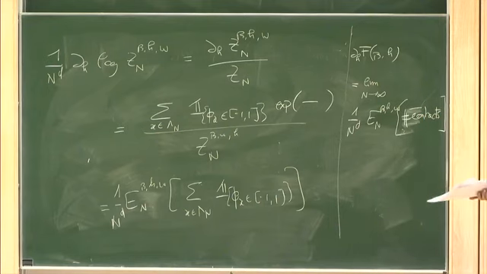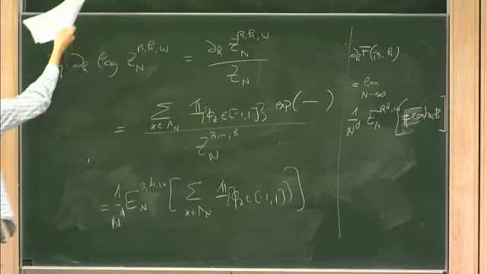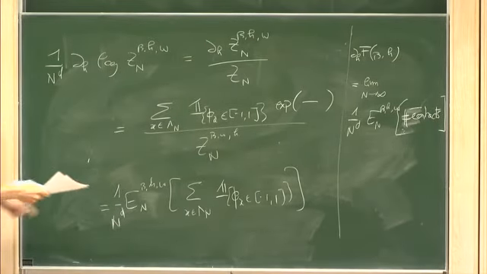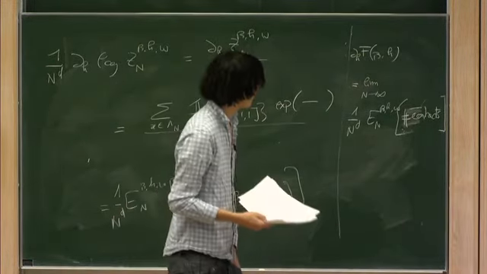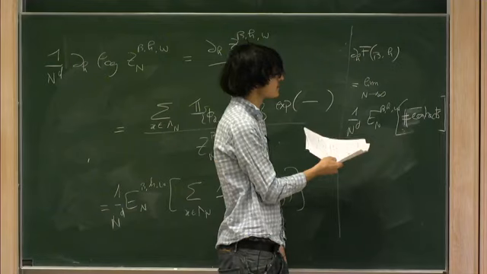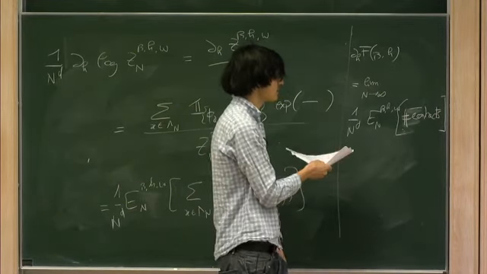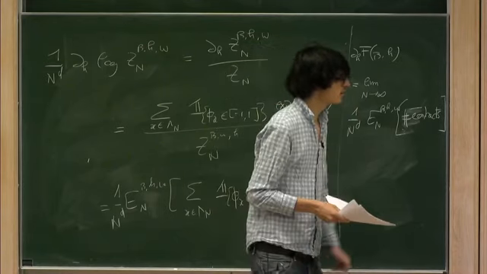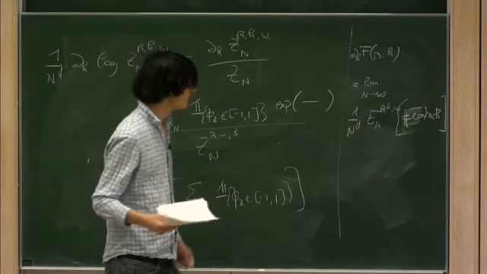Here I've interchanged derivative and limit, but the free energy is a concave function, so I'm allowed to do that as soon as this derivative exists. Therefore, the derivative of the free energy with respect to h gives me the asymptotic contact fraction, the asymptotic fraction of points which are contact points in expected value.